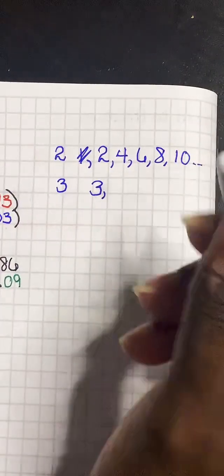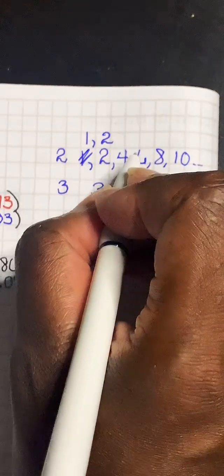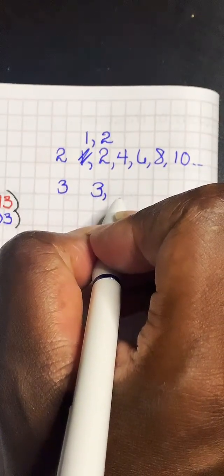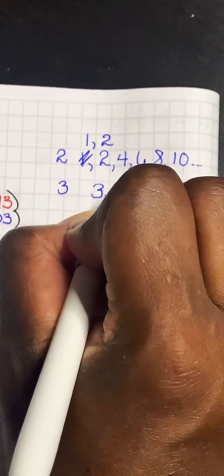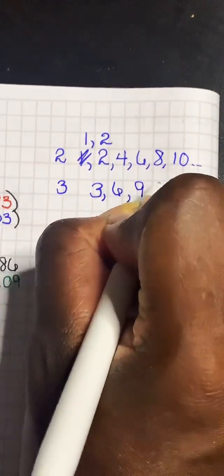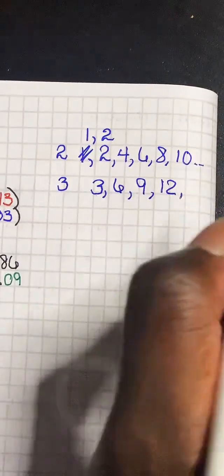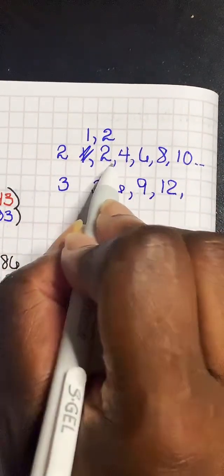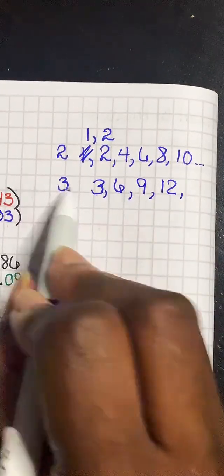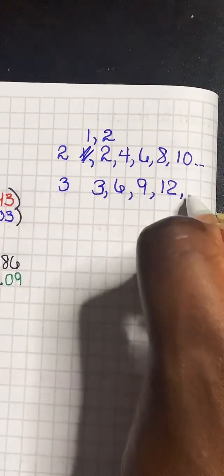In the 3 times table, you have 3, 6, 9, 12. I was right the first time. We're looking for what they have in common. So in the 2 times table, 2, 4, 6, 8, 10. In the 3 times table, 3, 6, 9, 12, and so forth.